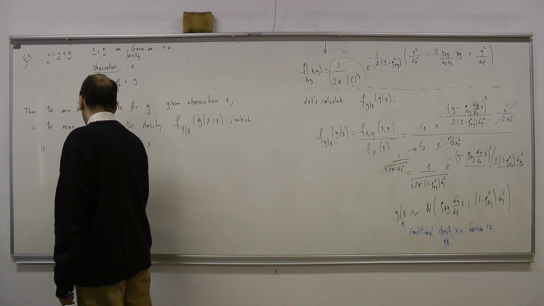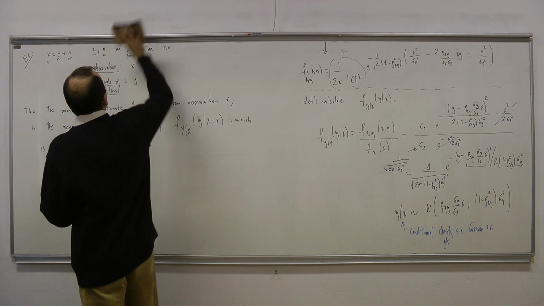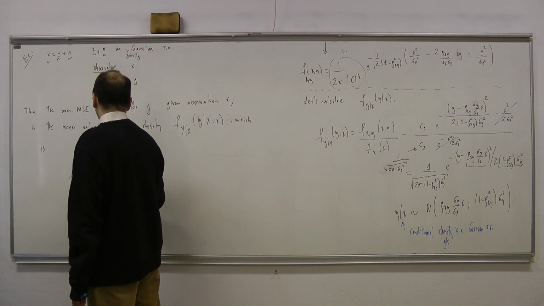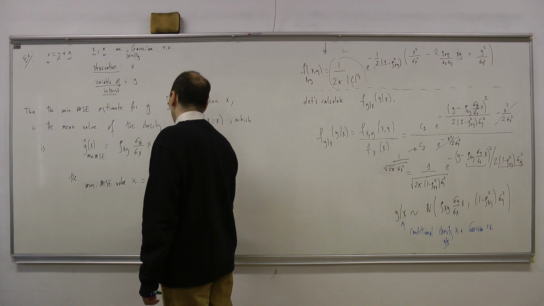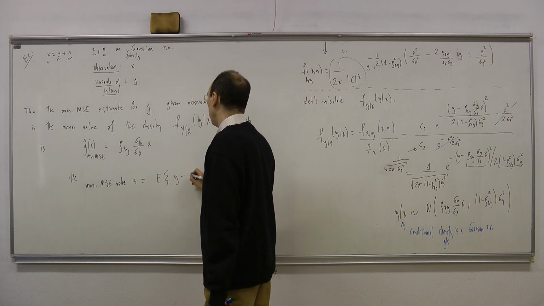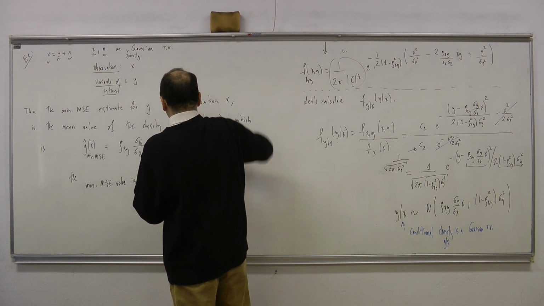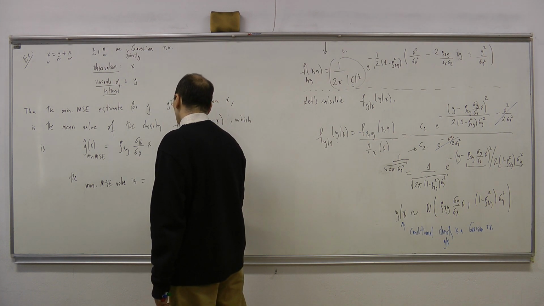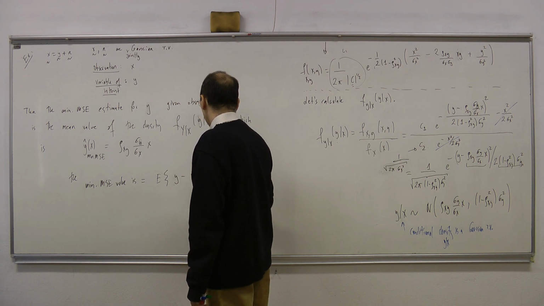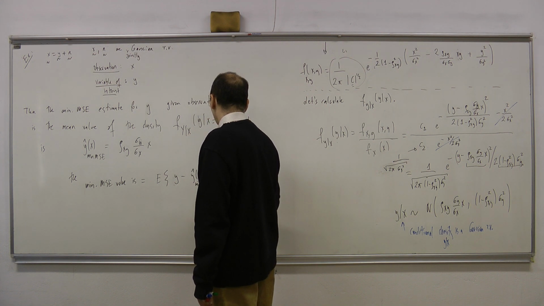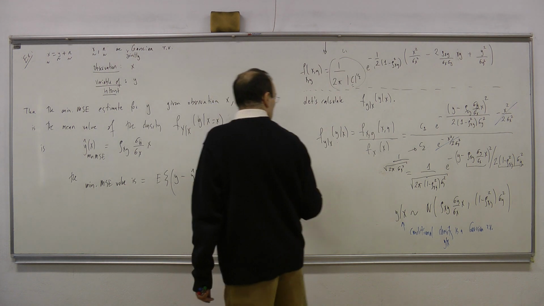And furthermore, the estimation error, let me write, the minimum mean square error value is the expected value of y minus, of course, the mean of this, let me call this y given x, min MSE, squared, which is equal to this one.